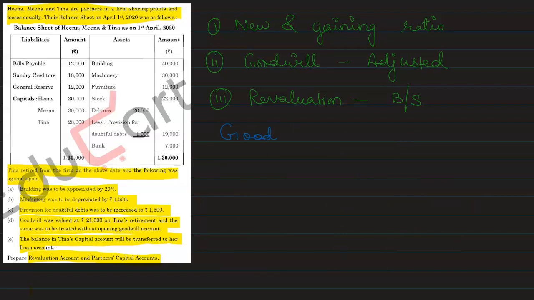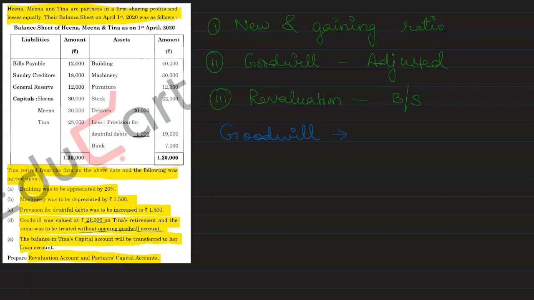Now we will make the adjustment in respect of goodwill. The question is saying that goodwill is to be valued at rupees 21,000 and the same was to be treated without opening goodwill account. Let us first understand this statement, without opening goodwill account.